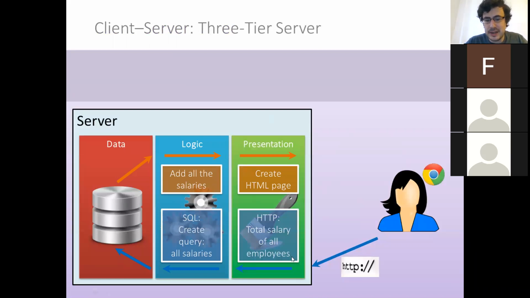We have the presentation layer, which receives, say, an HTML form that receives a request from the user, and then it goes through a logic layer, which will transform the request into something like an SQL or a logical request, which will then go to the data layer where all the data are stored, and then it will return through the logic. Maybe the logic layer will process the data further to add all the salaries or aggregate some data and create the final HTML page. So the idea here is we have a layer for data, logic, and presentation.